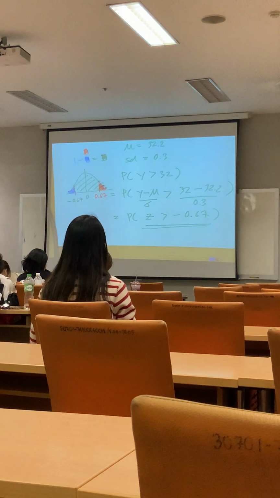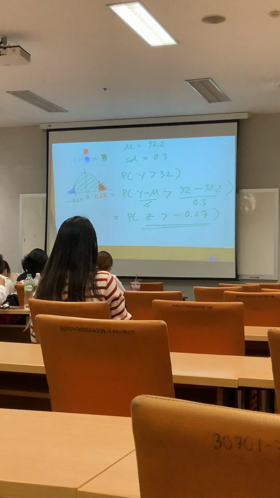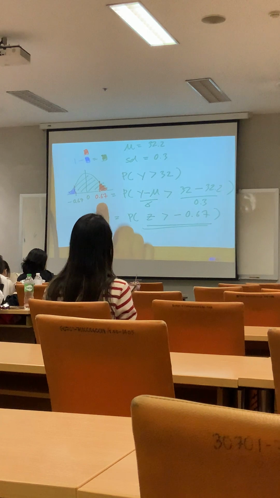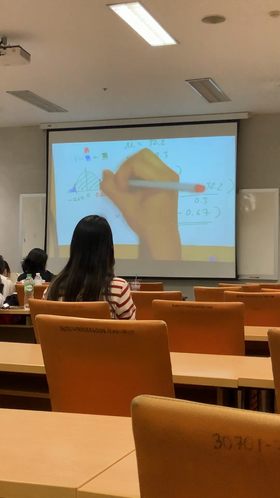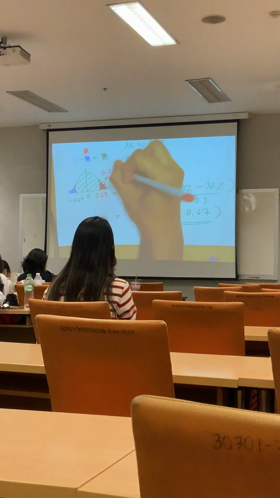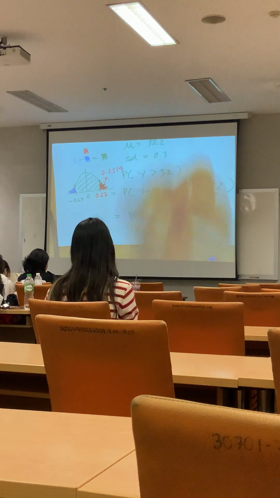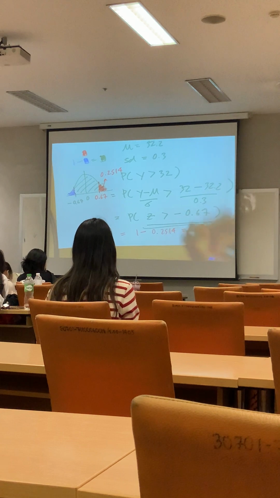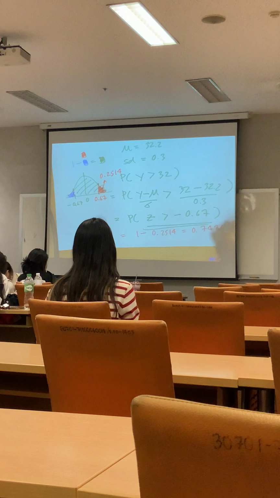So if I open the stat table at 0.67, I'm going to get that red area, you can have a look, right, is 0.2514. So the answer will be equal to 1 minus 0.2514, and the probability will be 0.7486.